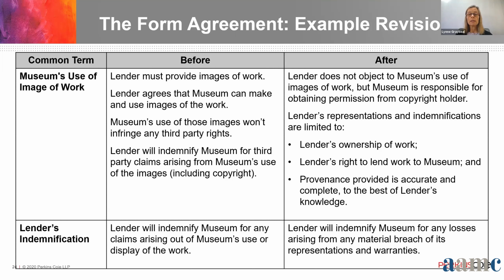But really it is the museum who should be indemnifying the lender in the event of infringement, and it should be the museum's obligation to make the determination about whether or not what they're planning to do requires consent of the copyright holder.